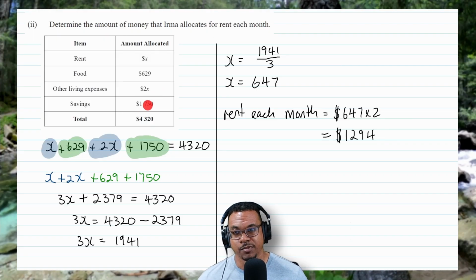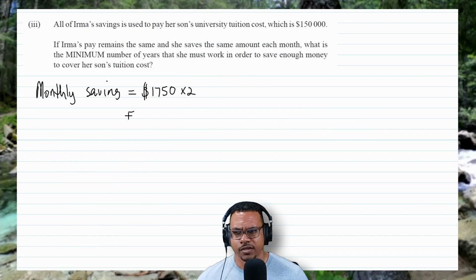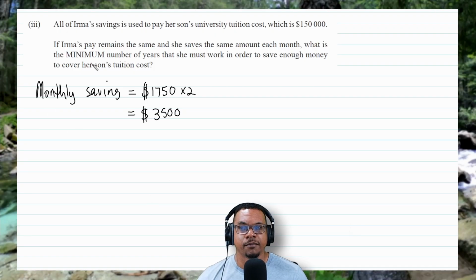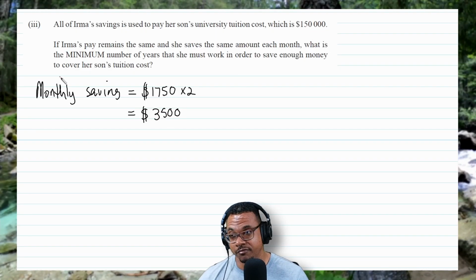So we're going to get $3,500 per month savings. But first, we'll find the number of months it will take to save this $150,000.